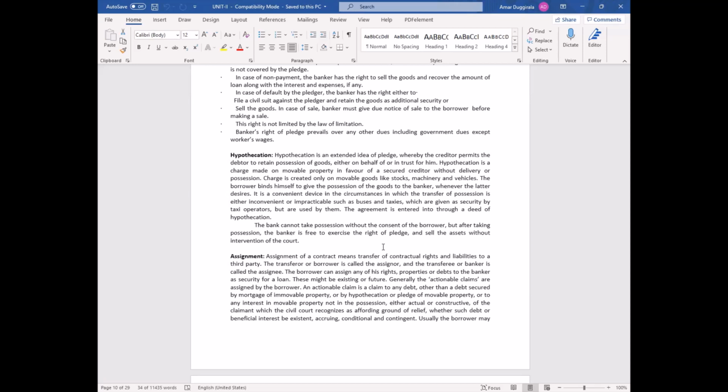The charge is created only on movable goods like stocks, machinery, vehicles, etc. Now, the most important thing is when you look at vehicle loans, etc., hypothecation is done on that particular vehicle that has been bought. This is also one example of primary security that has been created. You have taken a loan to buy a new house. That house becomes your security for that loan, right?